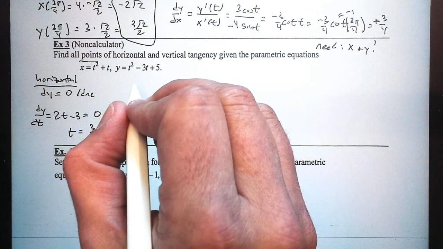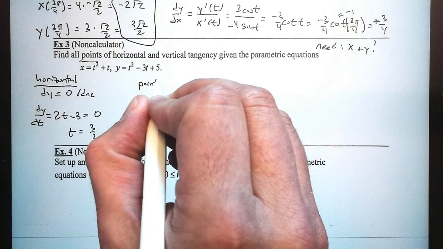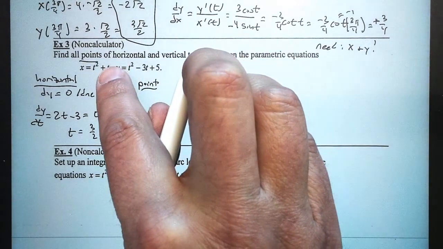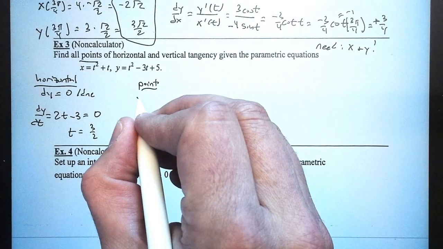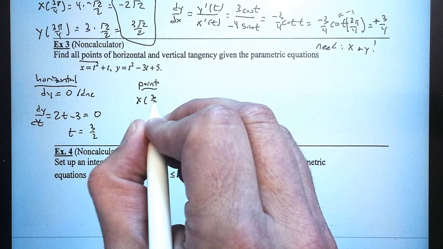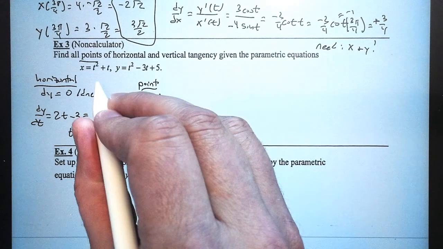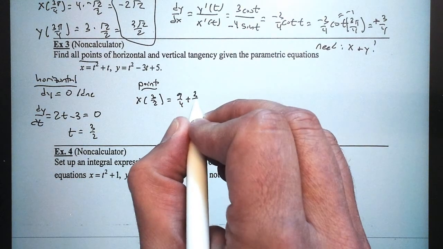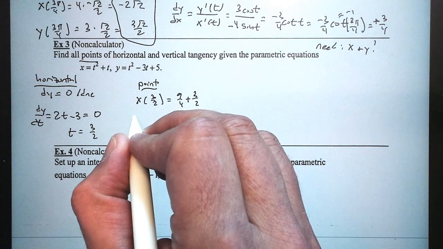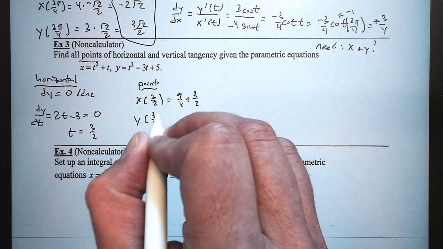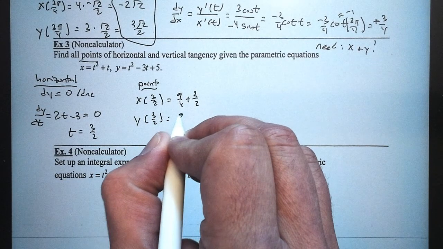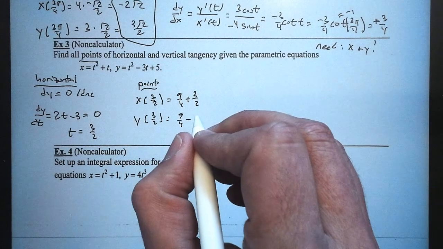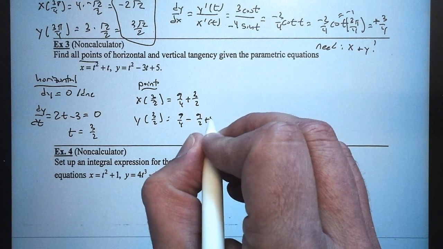So we're going to go ahead and find the point of horizontal tangency. So we need to find the x-coordinate there and the y-coordinate. So we want to find x of 3/2, and that's going to become 9/4 plus 3/2. The y-coordinate at 3/2 becomes 9/4 minus, be careful, 9/2 plus 5.